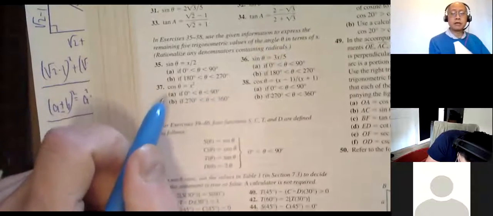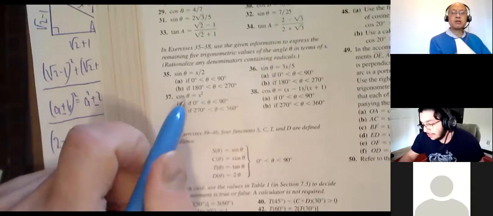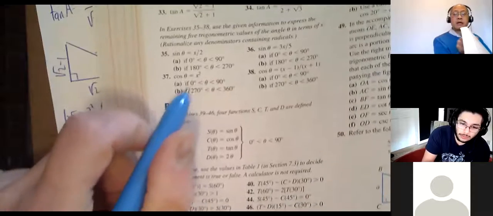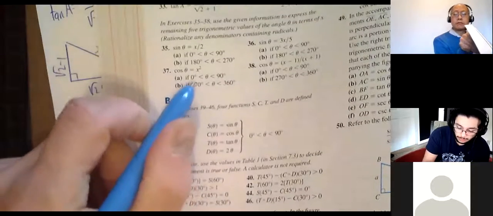Okay, 37, and then I'm done, but it won't be as fast as the one I just did because there's a part A and a part B. So 37, cosine of theta is x squared. A, what quadrant am I in?